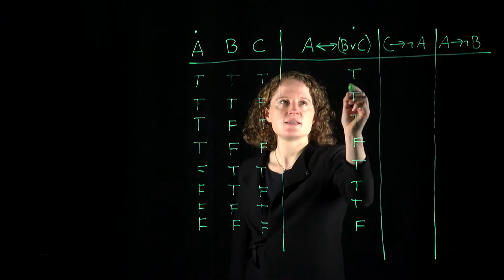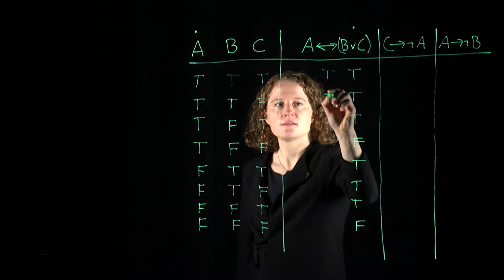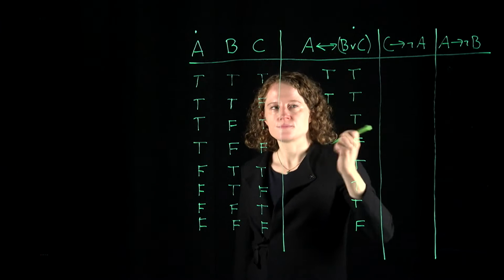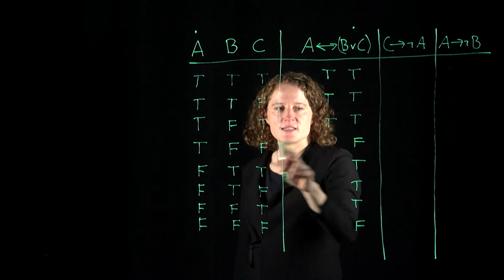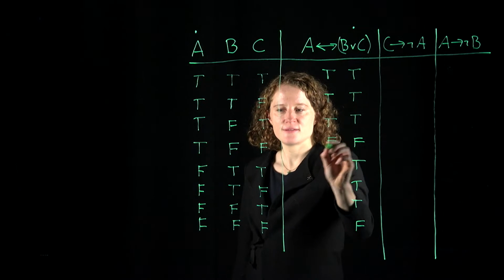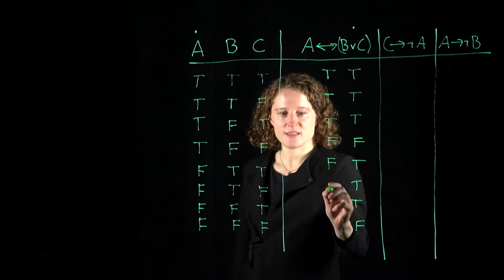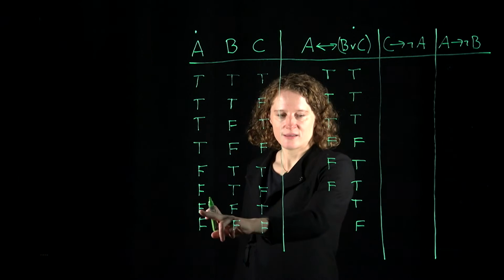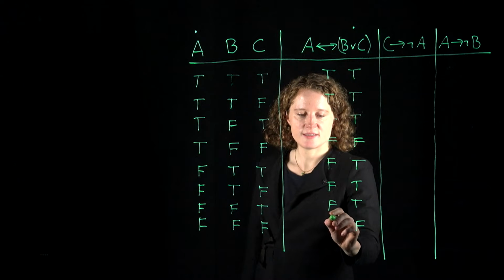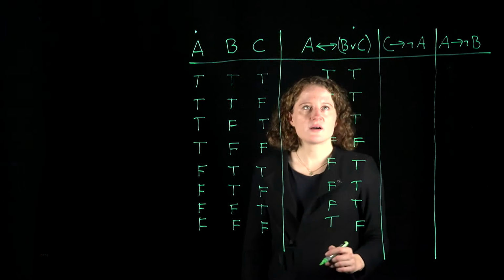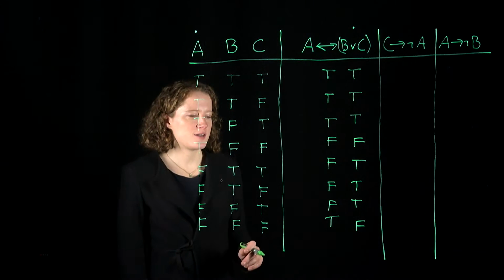So that's T, T, T, T, T, T, T, T, and T. Now T, F, F, F, T, F, F, T, F, F, T, F, and F, F, T. Okay, so I've filled in the column under our first sentence.